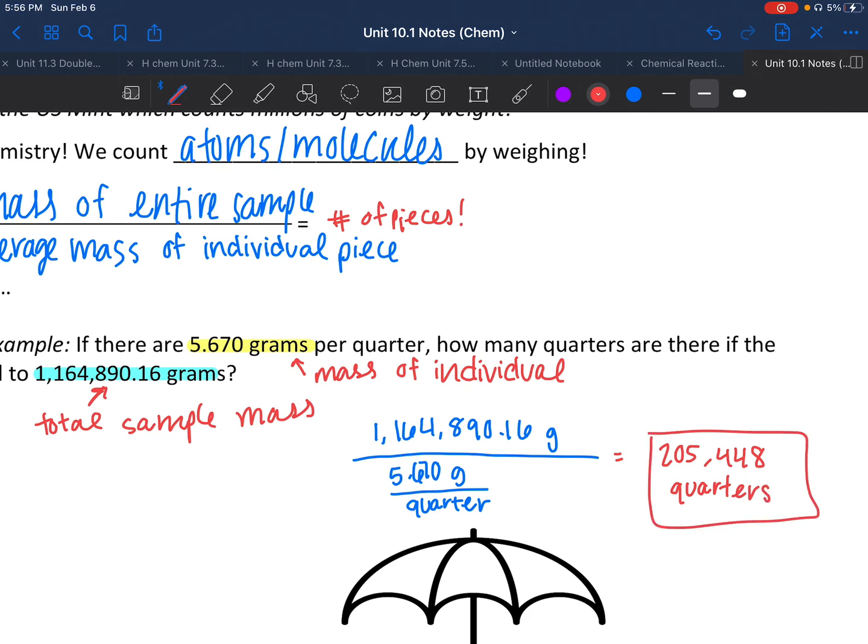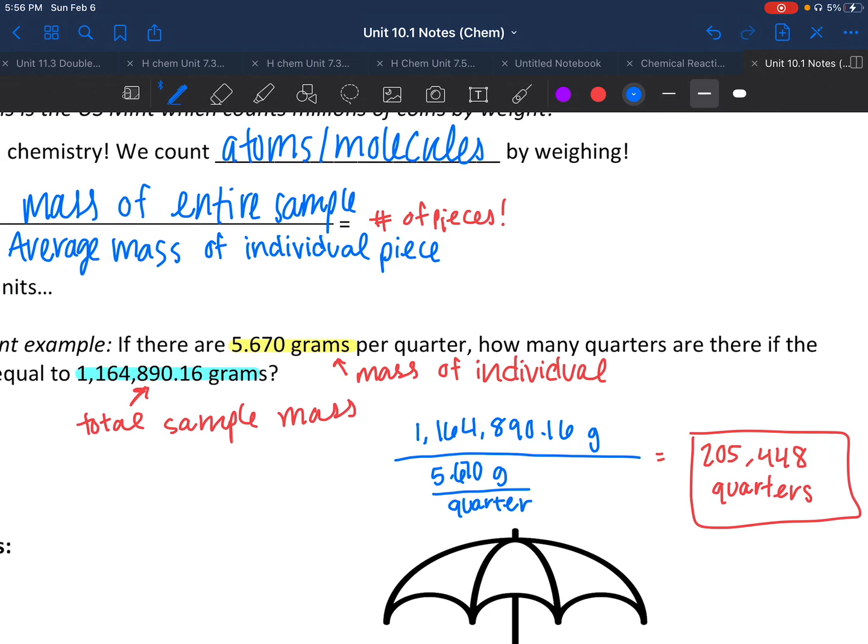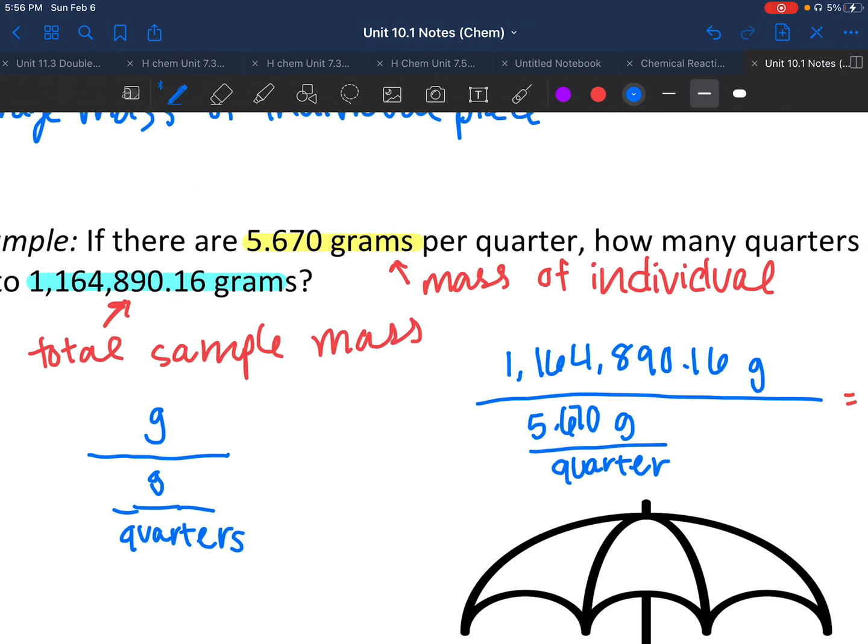All right. And so thinking about the units here, I'm going to do that over to the side. What you have, if I just look at the units, is you're dividing grams by grams divided by quarters, right? And so you guys might have learned in your math class, and if not, I'll teach you now. But if you are dividing by fractions, you have to think about the top.